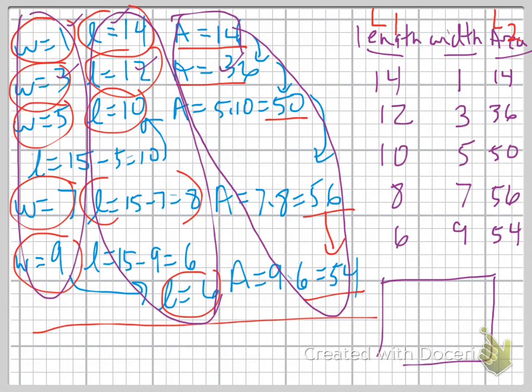A point right here, and a point right here, and then a point like right here, and then a point up here, and then it's going to drop down here.